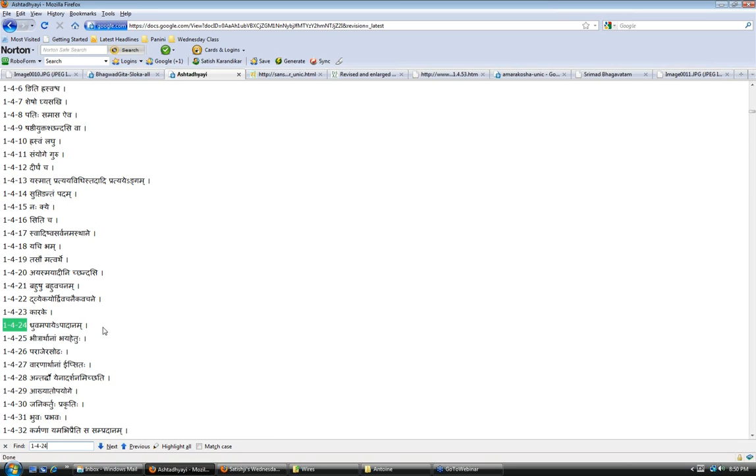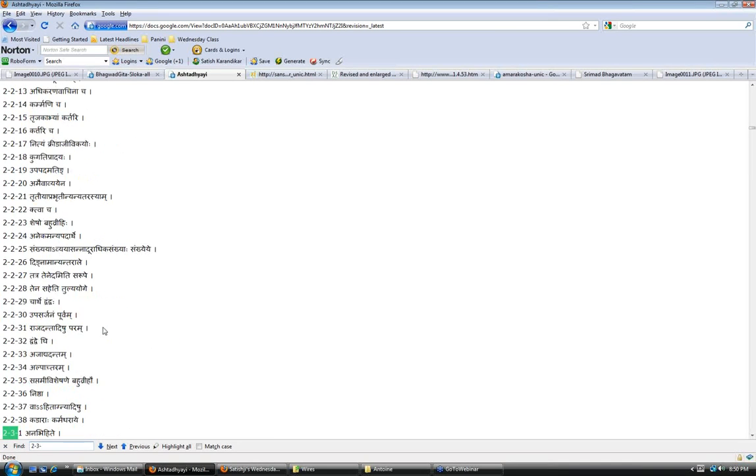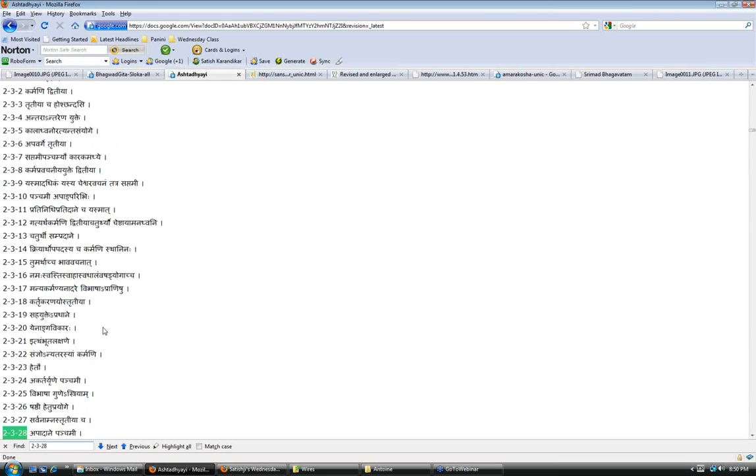And then when we go to 2.3.28, it is apadane panchami. Sorry, I said it backwards last time. Apadane panchami. In the sutram also I made a mistake: not panchami apadane, but apadane panchami, which makes sense because in the sutram, that thing which is already known to you should come first.